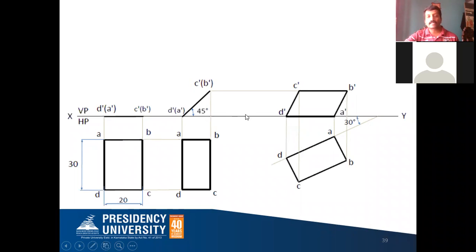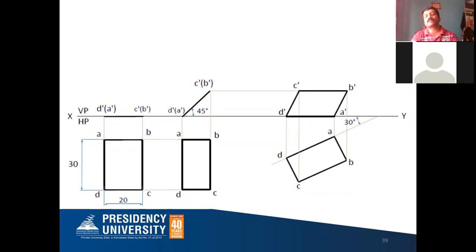D is here, D dash is here, this is D dash. Now you join all the 4 points, and you are going to get the front view of the final position. So like this you have to complete it. Here also, comparing to the previous class, same 3 positions, same procedure and same concept we have followed.